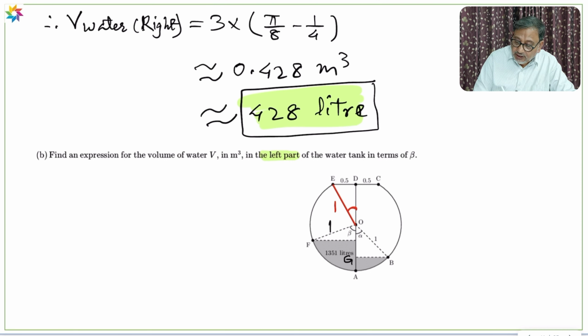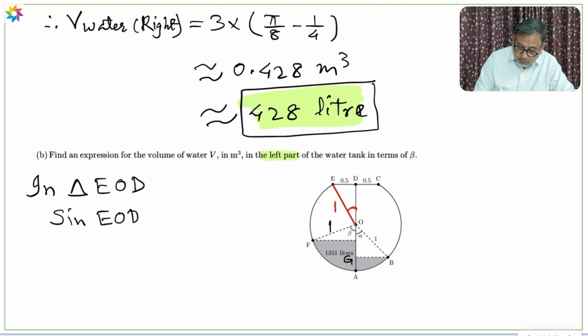So in triangle EOD, see, we have the opposite side, we have the hypotenuse. So sine theta we can use. So sine of EOD, I will repeat again. For this angle, we have the opposite side, we have the hypotenuse, right?